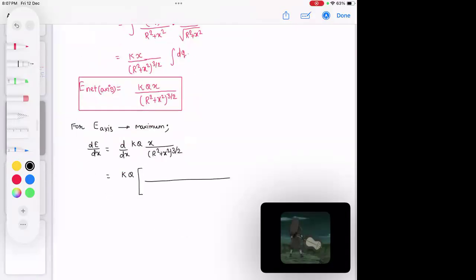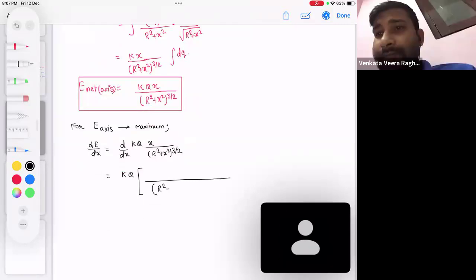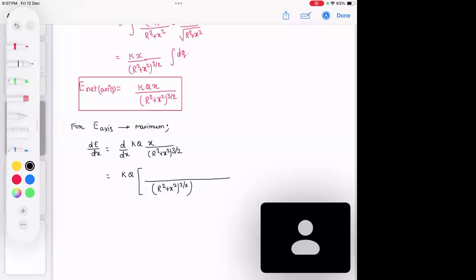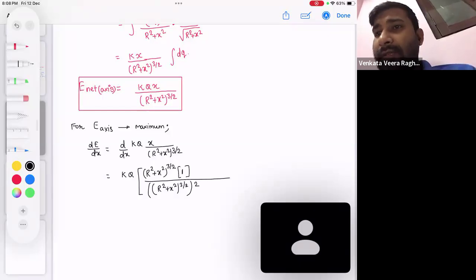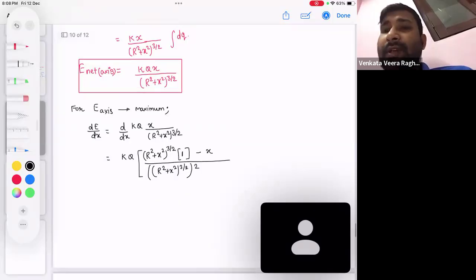It will be denominator squared, whole power. Denominator whole square. Then we have the denominator outside, that means (r square plus x square) to the power 3 by 2, times the differentiation of x, that is 1, minus x outside.